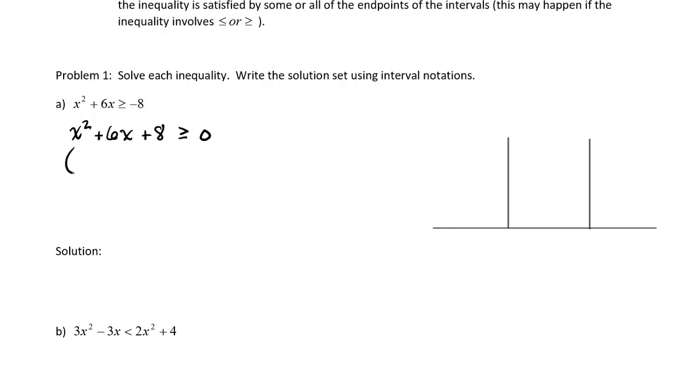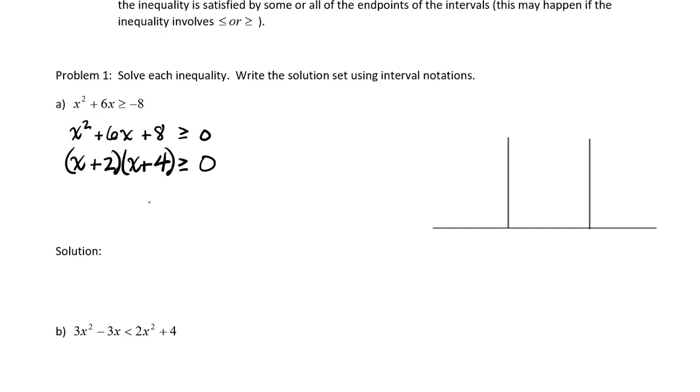Now we'll see if we can factor this. 8 can be found with a product of 2 and 4, so I'll give that a try. 2 and 4 add to 6, so my binomials are x plus 2 and x plus 4.